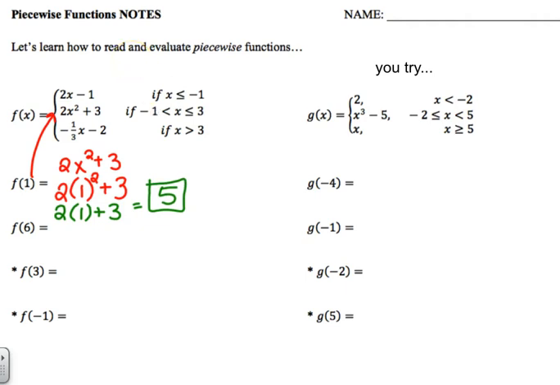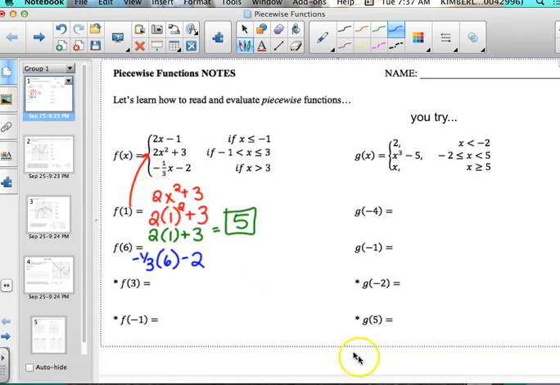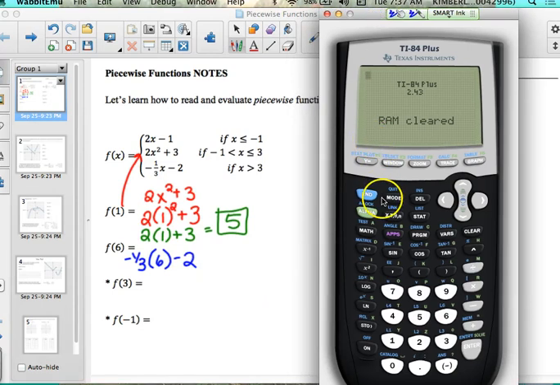On the second one, f of 6, 6 would be greater than 3, so I'm going to plug it into this last equation. So I would have -1/3 times my 6, subtract 2. Now I'm going to show you guys how to do this in the calculator. So remember, in your calculator to bring up a fraction, you're going to press alpha, y equals, and then the enter button.